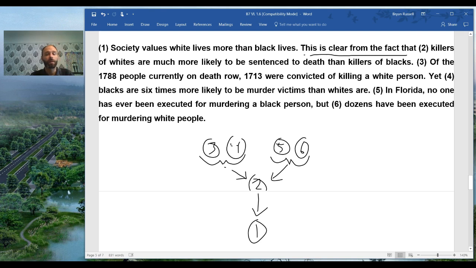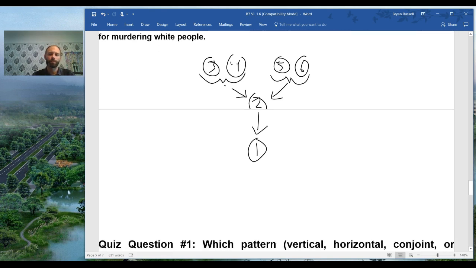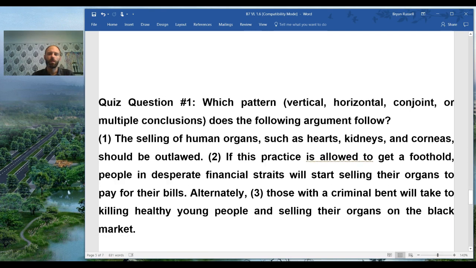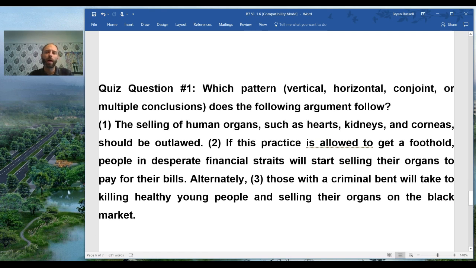So now let's take a look at the quiz questions. So quiz question number 1, which pattern of the 4 that we talked about does the following argument follow? And it will only follow one of those 4 patterns. So the selling of human organs, such as hearts, kidneys, and corneas, should be outlawed.